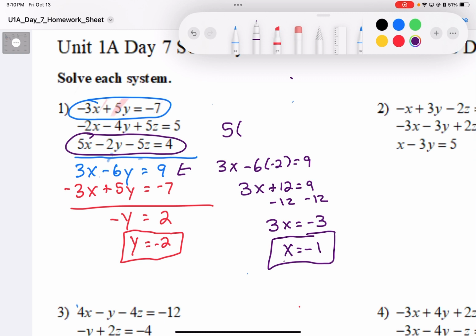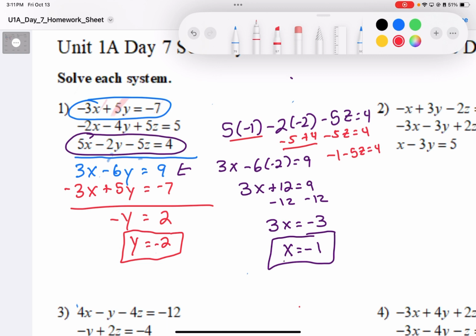5 times negative 1 minus 2 times negative 2 minus 5z equals 4. I really did not leave enough space to do this. That's negative 5, that's negative 5 plus 4 minus 5z equals 4. Negative 5 plus 4 is negative 1. So negative 1 minus 5z equals 4, add 1.